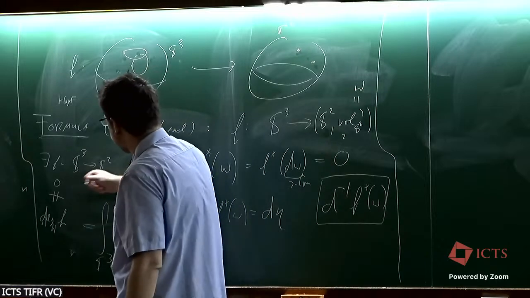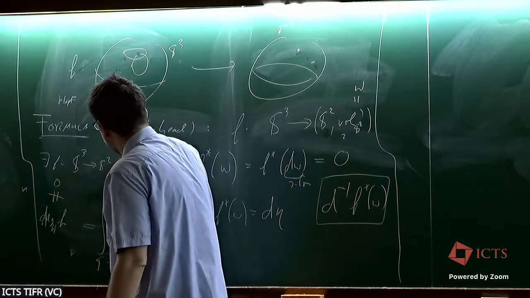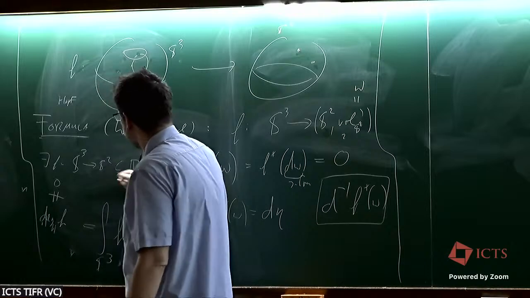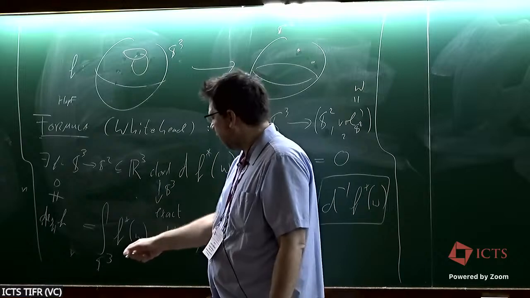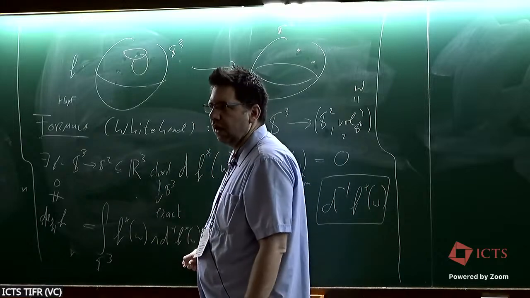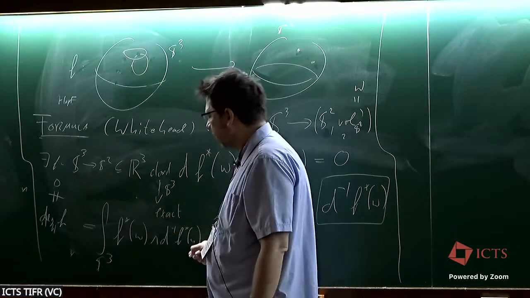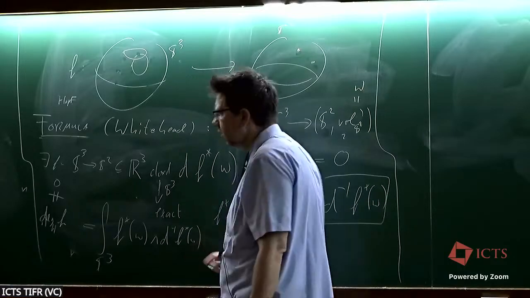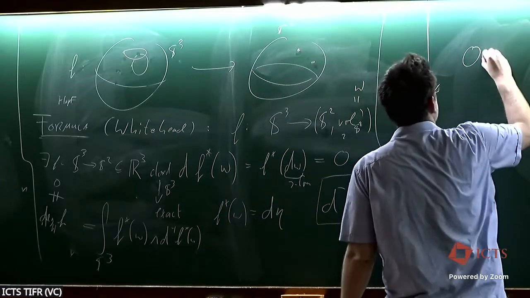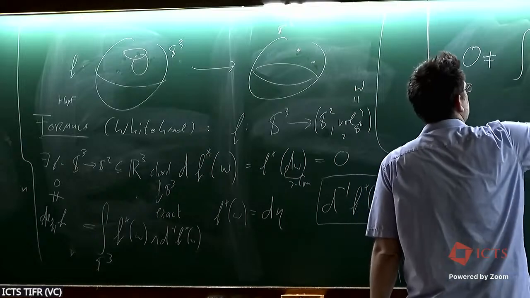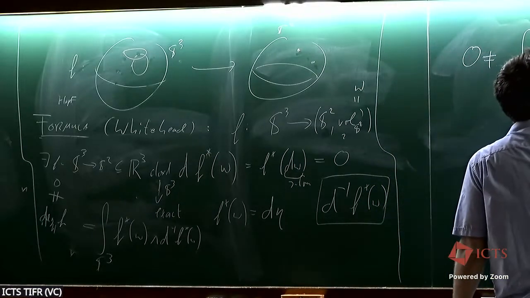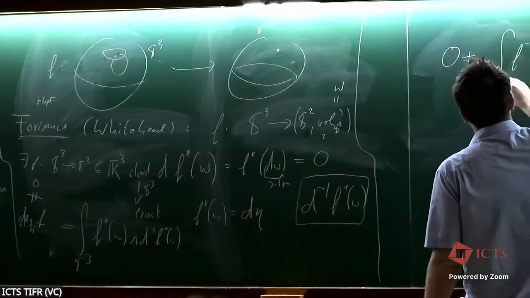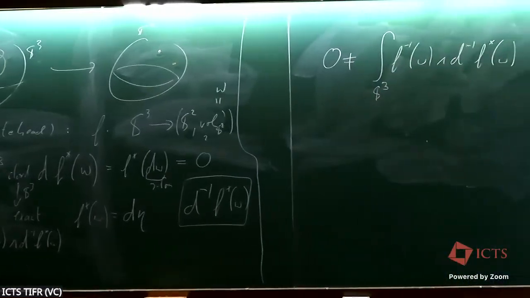This is an F from S3 into S2. So that's a subset of R3. So we have a map into R3. It has this structure. And this formula is non-zero. Okay, so we have 0 is not this integral on S3 or whatever numerology you want.